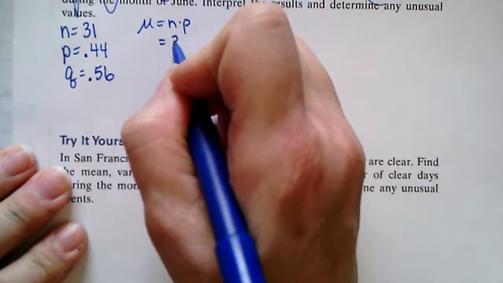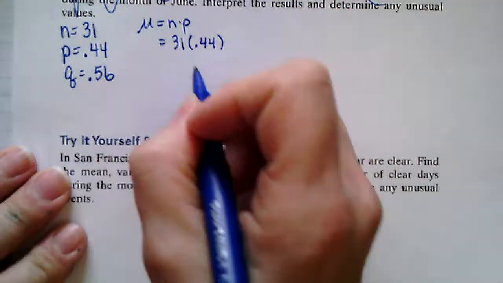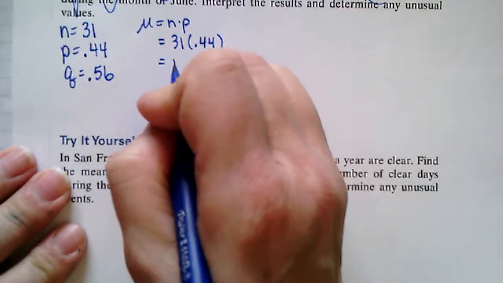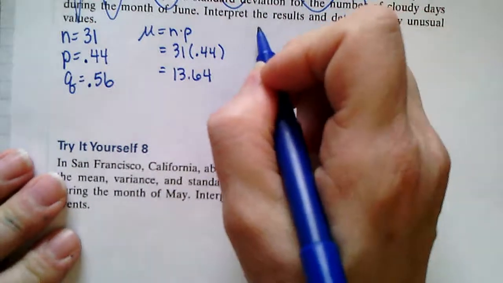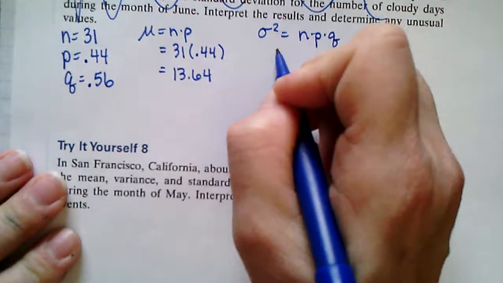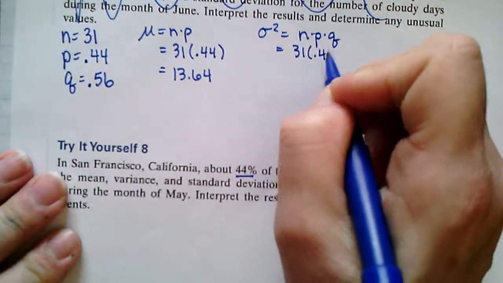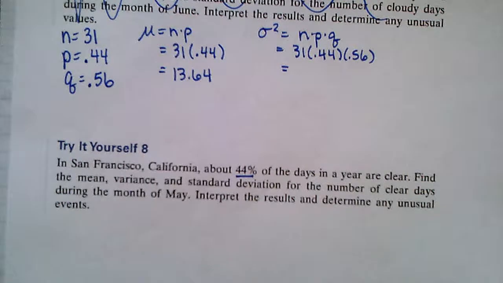So to find our mean, we just do N times P. So that is going to be 31 times 0.44, which is 13.64. To find our variance, we take N times P times Q. So that's 31 times 0.44 times 0.56.